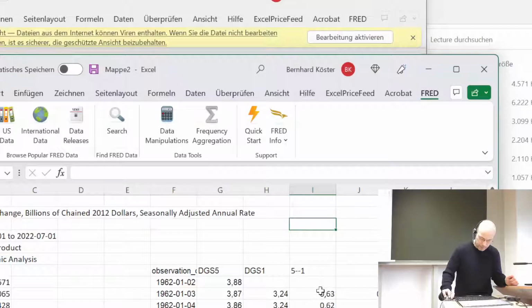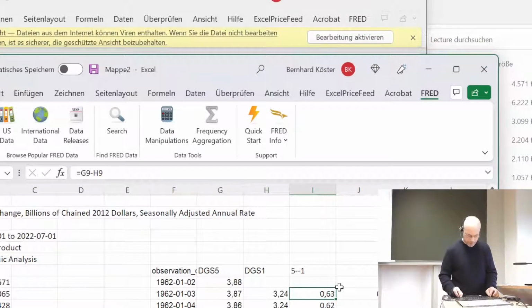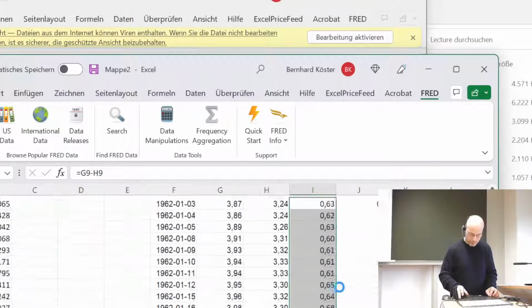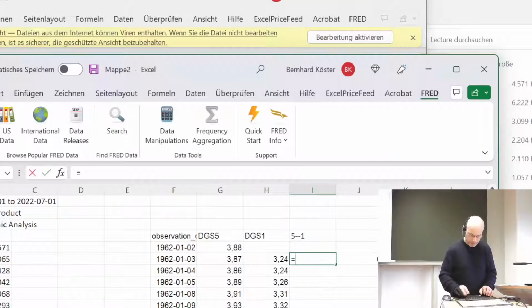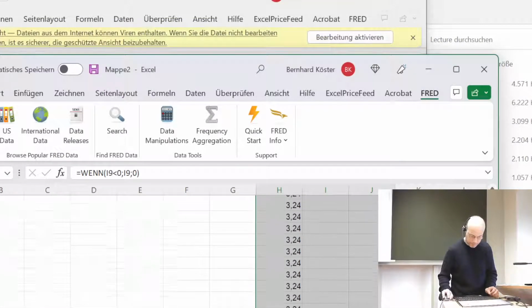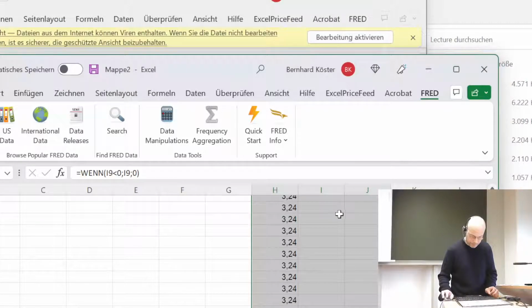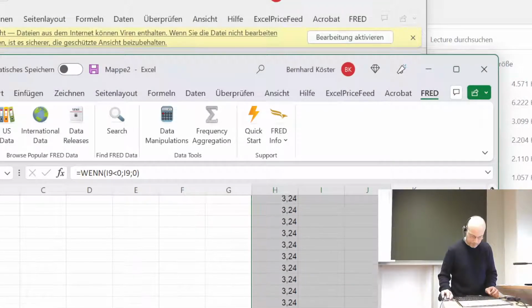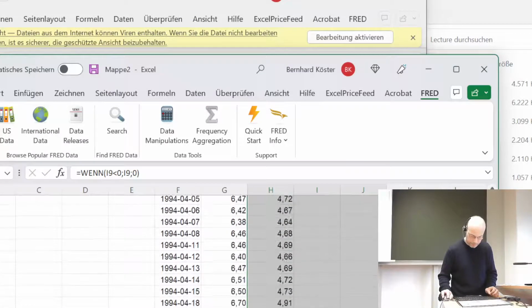So let's try to fix this. Again, I try this one. So this minus this. This is too long again. I don't know.